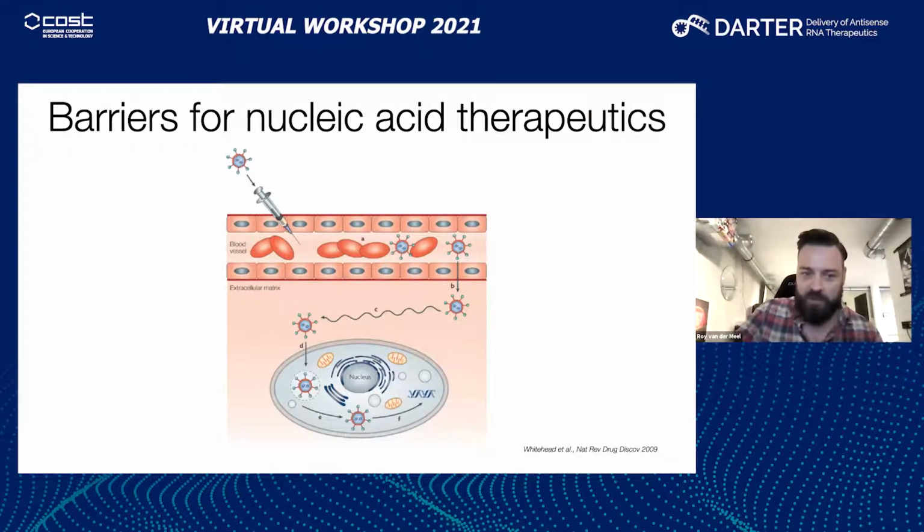Upon injection, of course, you want your nucleic acid therapeutics to stay stable in the circulation. So you need to avoid renal filtration, phagocytosis by immune cells, and degradation by nucleases.